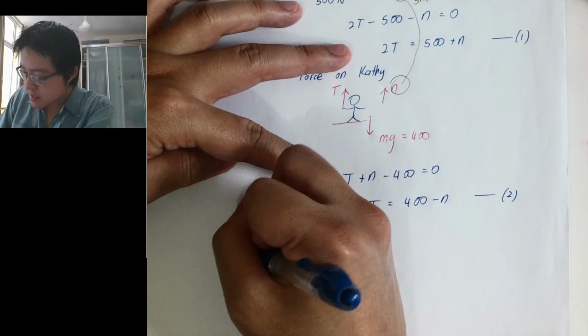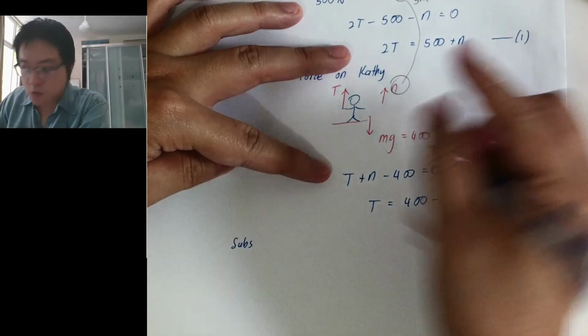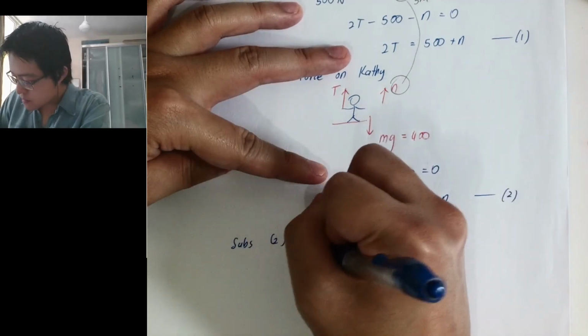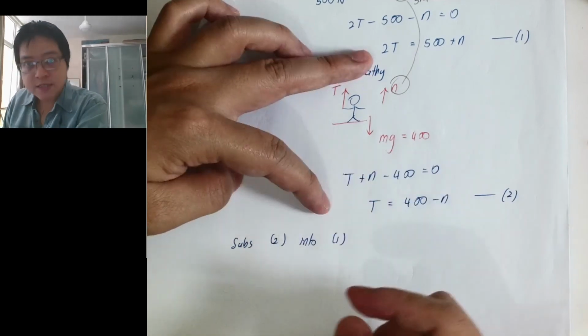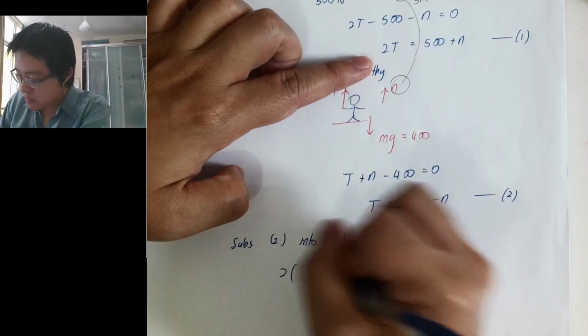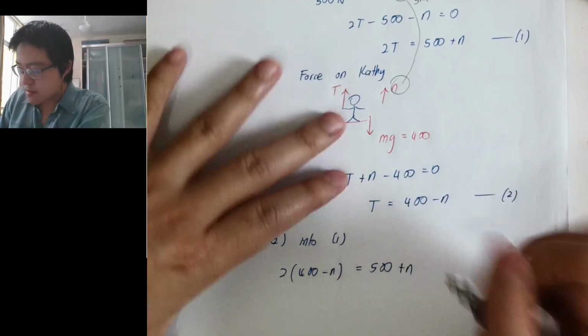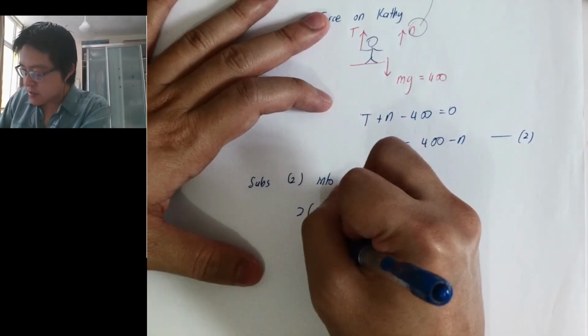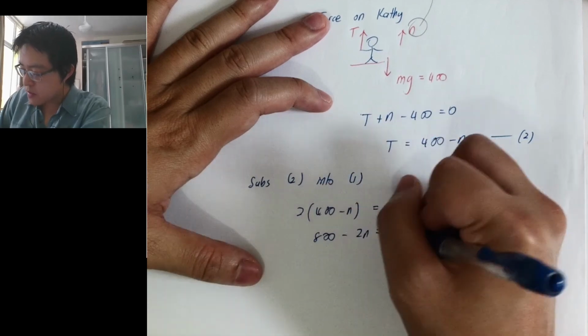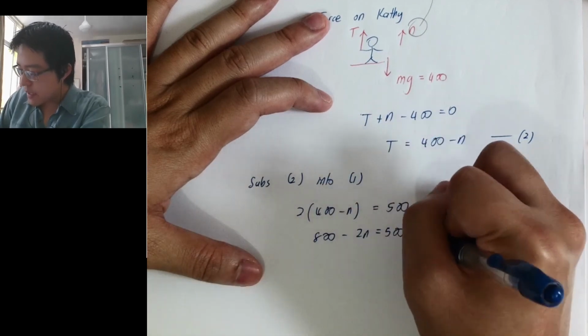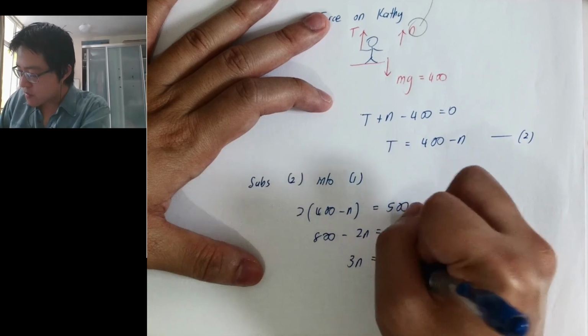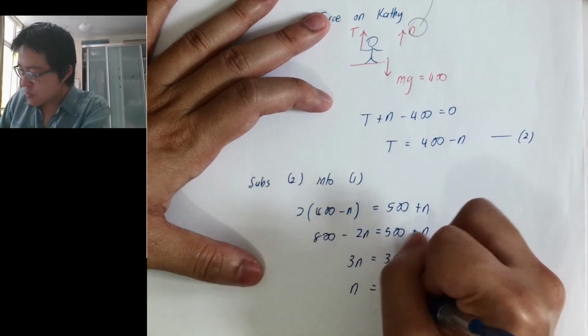I will substitute equation 2 into 1. So 400 minus n is equal to 500 plus n. Now I can solve this equation. So 800 minus 2n is equal to 500 plus n, therefore 3n is equal to 300 newtons, so n is just 100 newtons.